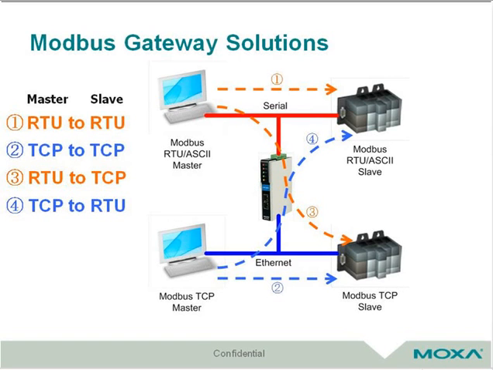Let's recap the Modbus solutions. The first and the second one are the original usage. A Modbus RTU master communicates with a Modbus RTU slave, and a Modbus TCP master with a Modbus TCP slave. With the gateway, the third one is a Modbus RTU master communicating with a Modbus TCP slave, and the fourth is a Modbus TCP master connecting to a Modbus RTU slave.